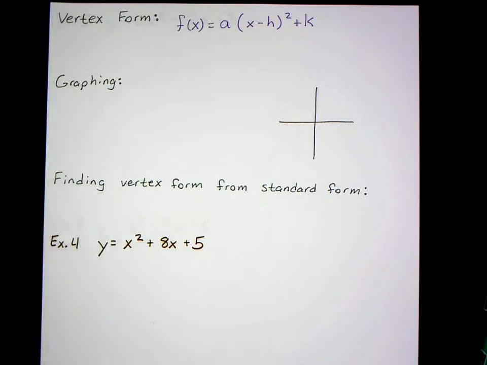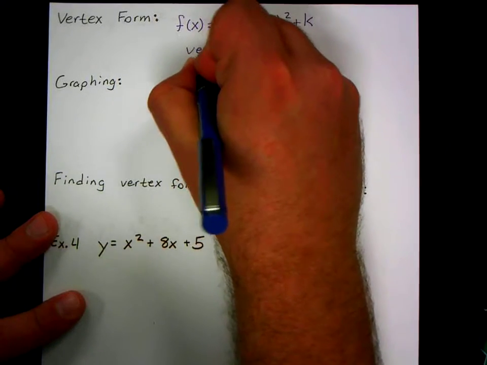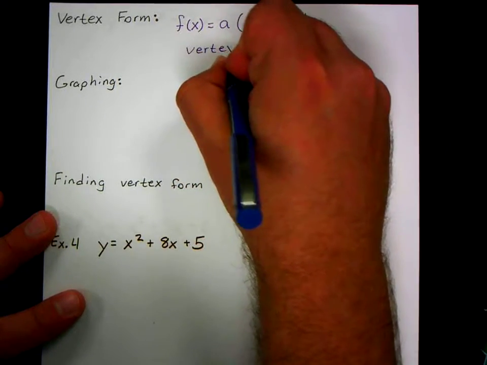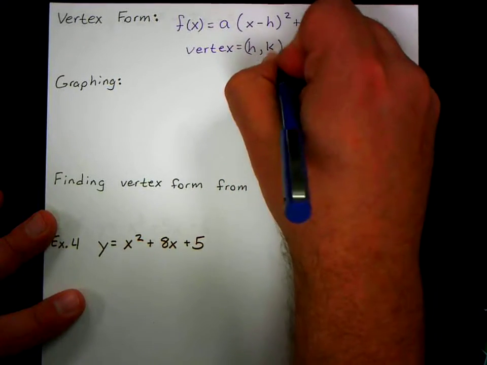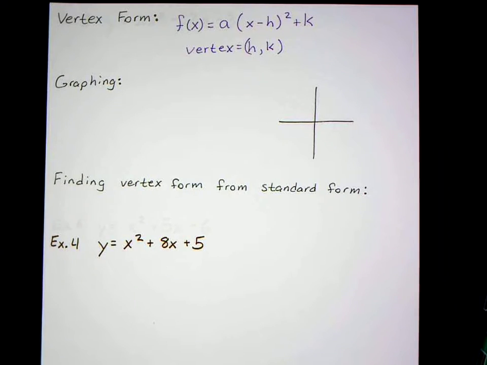It's called vertex form because you can easily pull your vertex out of it. Your vertex is just your H and your K. Your book does not call that vertex form. Your book calls that standard form. I am sorry, but your book is going to talk about standard form in your instructions. Anytime it mentions standard form, we're talking about vertex form.